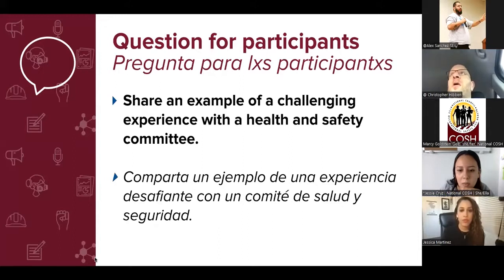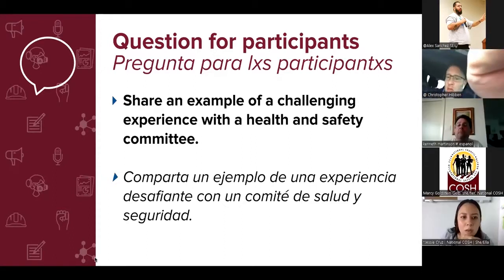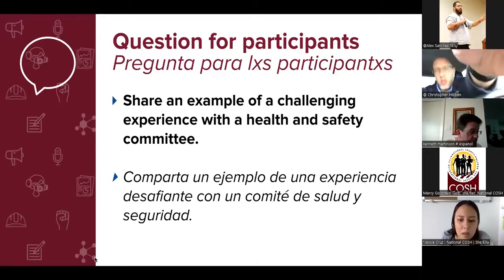So it's always important that when a safety committee is being put together, even if it's joint labor management, that the employer knows and is going to take all the suggestions from workers into consideration, and that the employer is ready to be proactive to make changes.